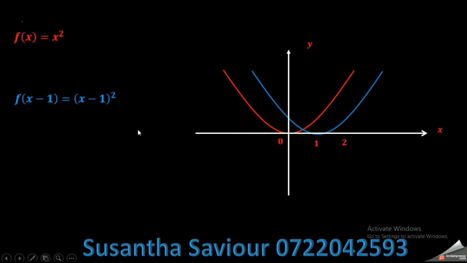Look at this, f of x minus 2, that means this x is replaced by x minus 2, right? Then what will happen, this original curve will be moved to right hand side by how many points? 2 points. Yes, 2 points, right?